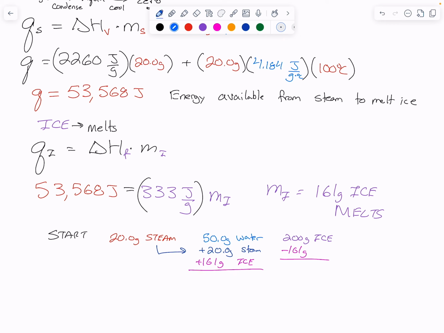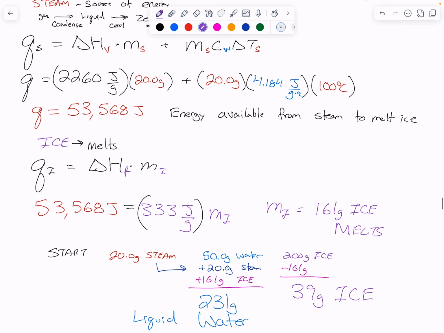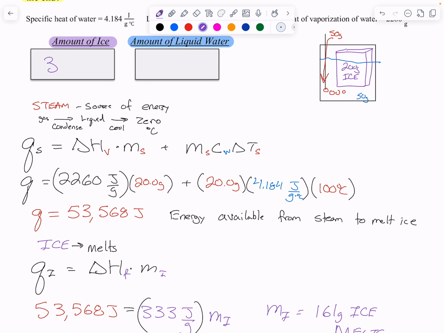So in the water category, I got the 50 plus the 20 is 70, plus the 161. I got 231 grams of liquid water. And then 200 minus the 161 looks like it's 39 grams of ice remaining. Right, so that's the composition of the system at the end: 39 grams of ice and 231 grams of liquid water.